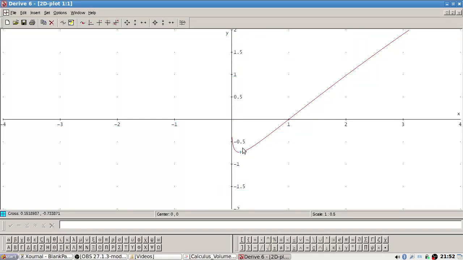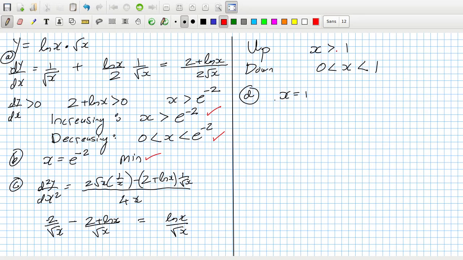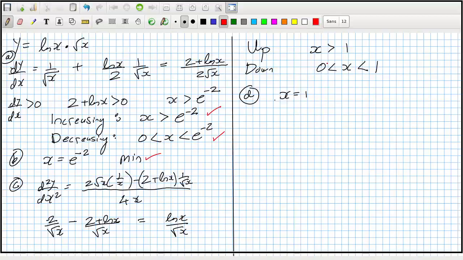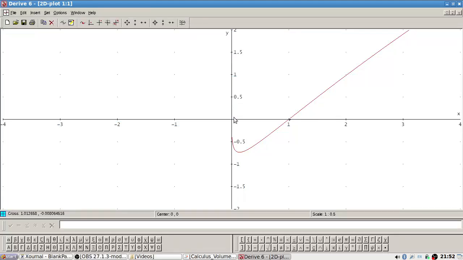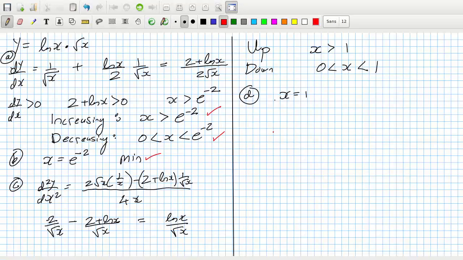Concave up when it's more than, what did I say? 1. No, concave up when it's more than 1. And concave down between 0 and 1. No, it's... something's gone wrong here.